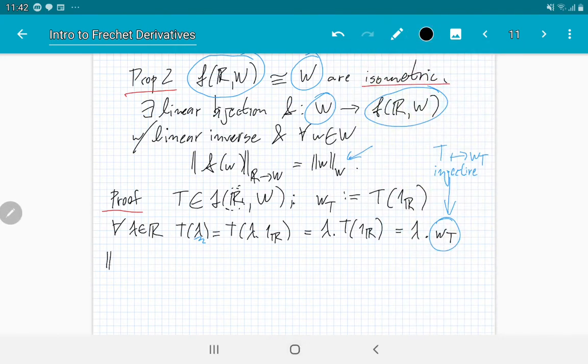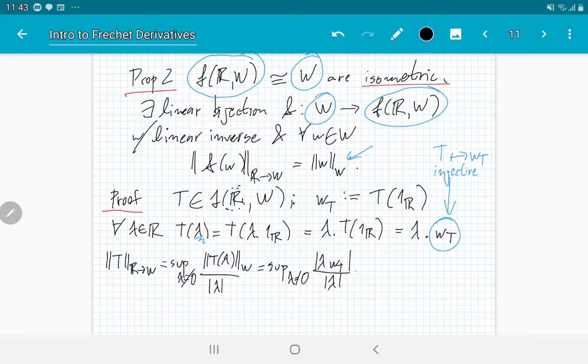How do I compute the norm of a linear transformation from R to W? Well, this is the sup over lambda not equal to 0 of the norm of T(lambda) divided by the modulus of lambda. And this, I showed above, is the sup over lambda not 0 of the norm of lambda w(T), divided by the modulus of lambda, which is simply, this is a norm in W, right?